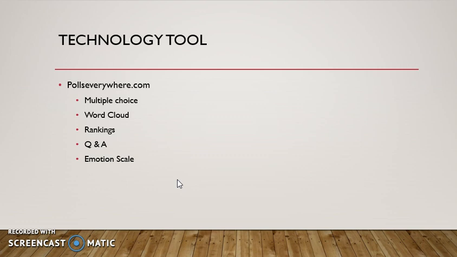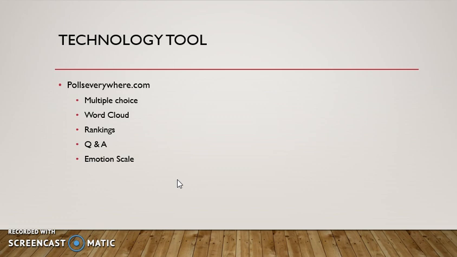Another option that is on Poll Everywhere is called Rankings. And so with this, I will be able to see who is willing to participate in using the reading response journals, and I'm able to gauge the understanding of the content that I am distributing to them.